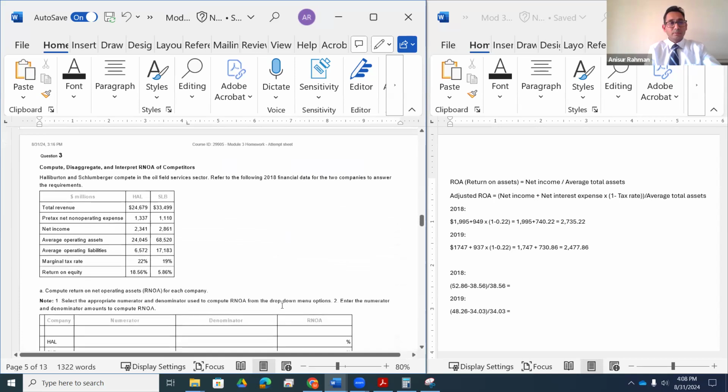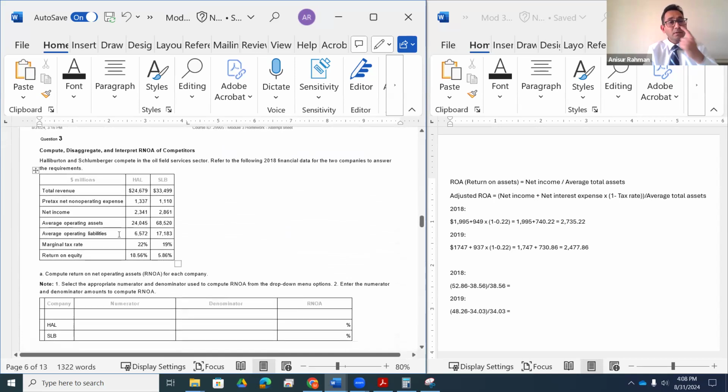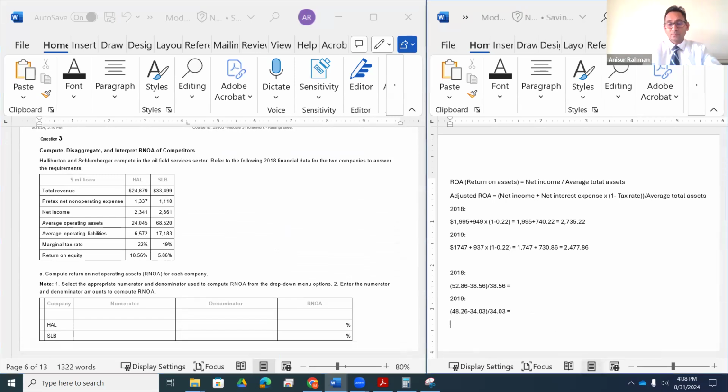Now, a new problem. Compute, disaggregate, and interpret RNOA of competitors. So RNOA, return on net operating assets.